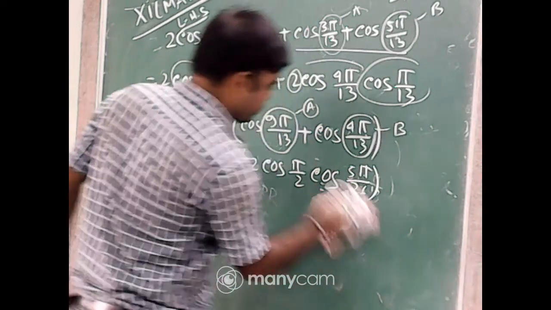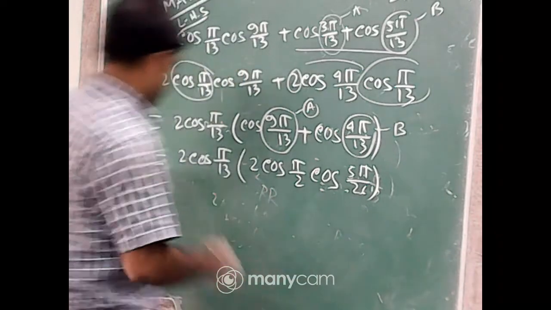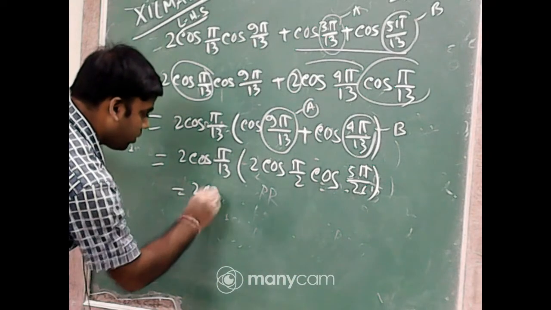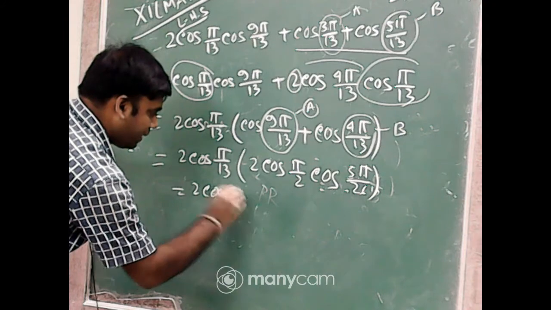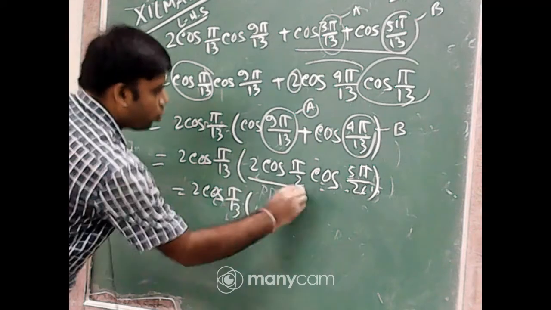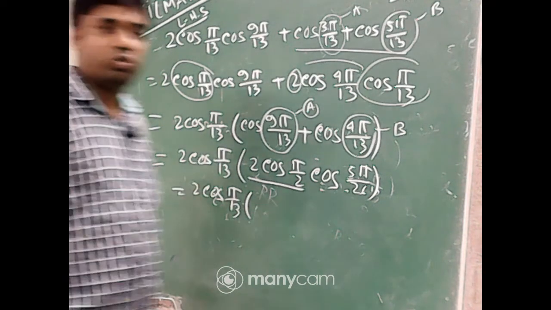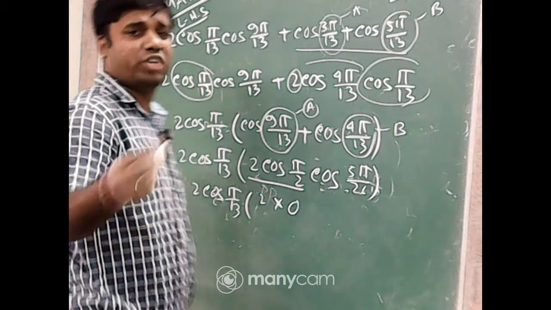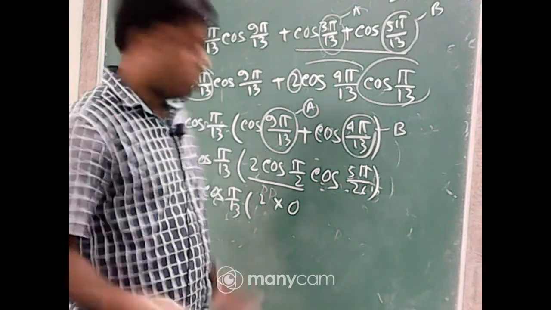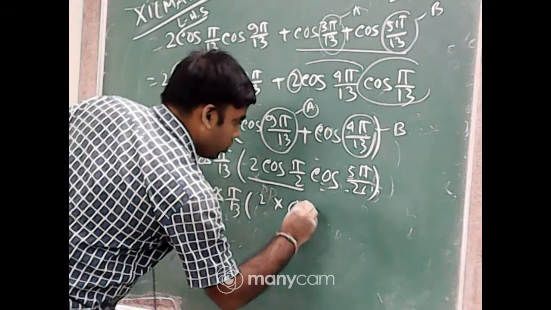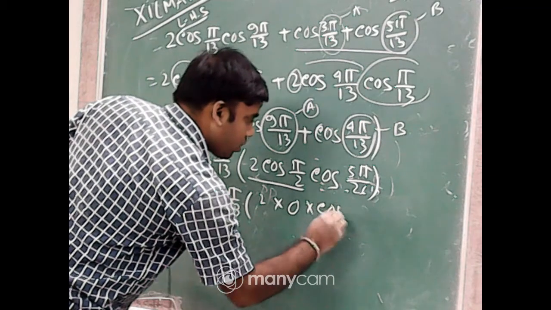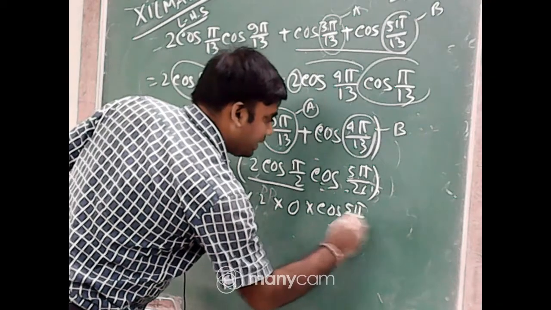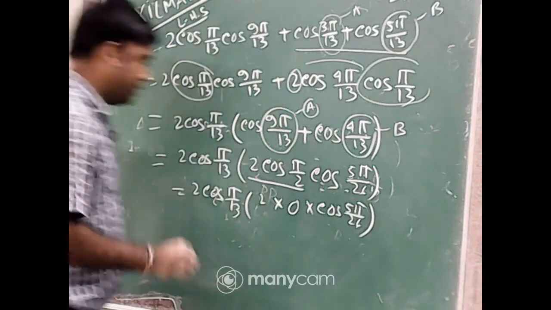Okay, now 2 cos pi by 13, 2 cos pi by 2, cos pi by 2 value is 0, which means cos 90 degree is 0, times cos 5 pi by 26.